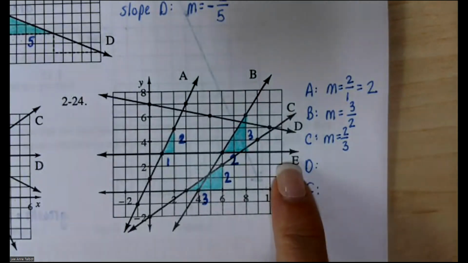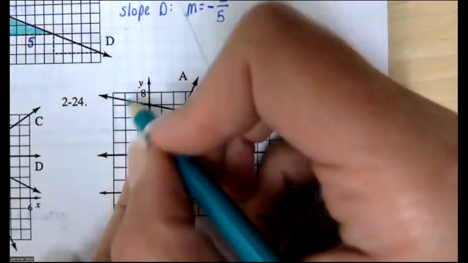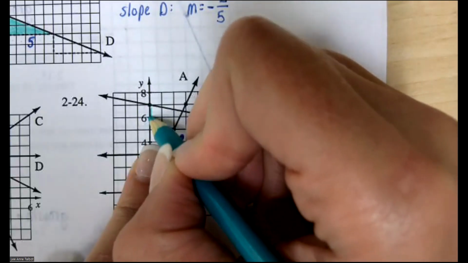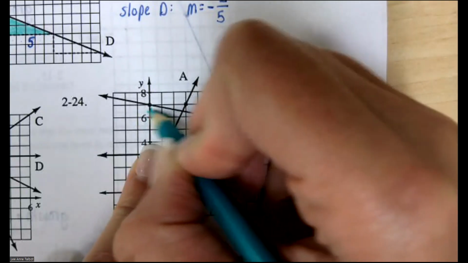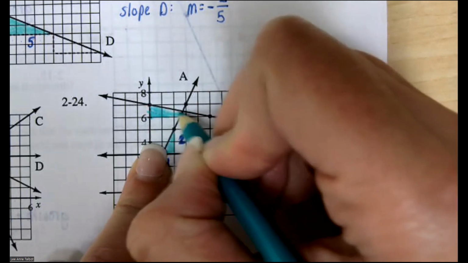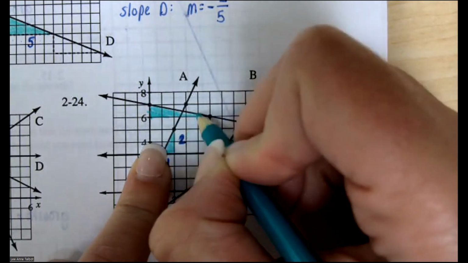Okay, D. I'm gonna try to go up here so that my slope triangles don't overlap. Yes, this one's decreasing. Excellent. Great job.